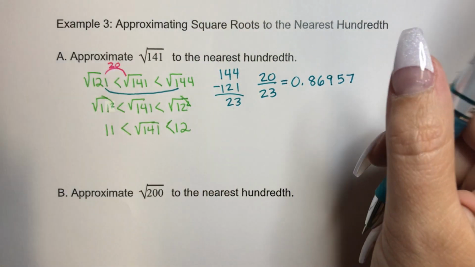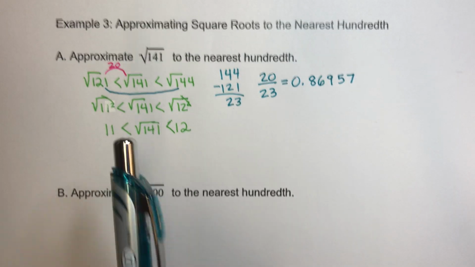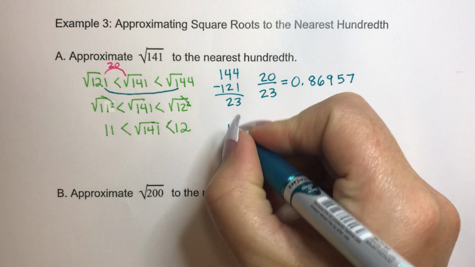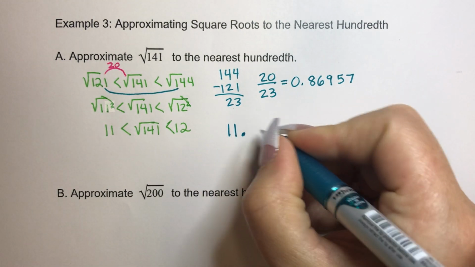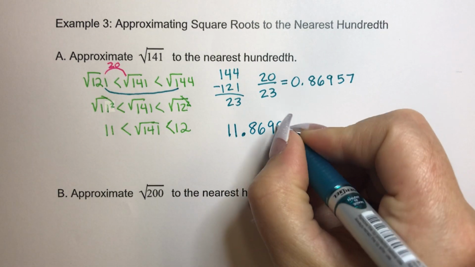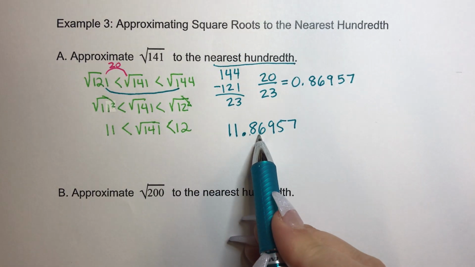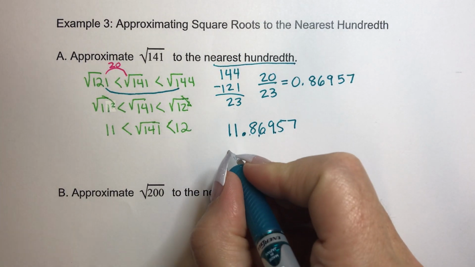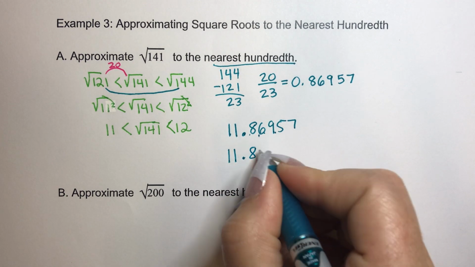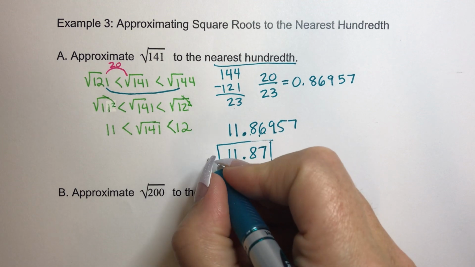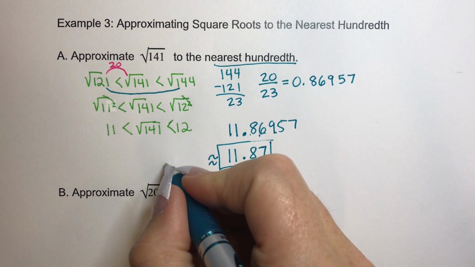So you know this number is between 11 and 12, so it's going to be 11, and then you add this part to it, 0.86957, and we're going to round to the nearest hundredth. This is the tenth, this is the hundredth, and this 9 would round this up. So we'd end up with 11.87.